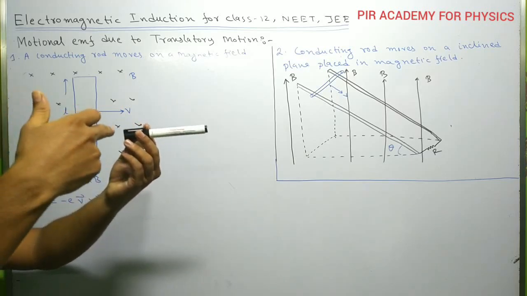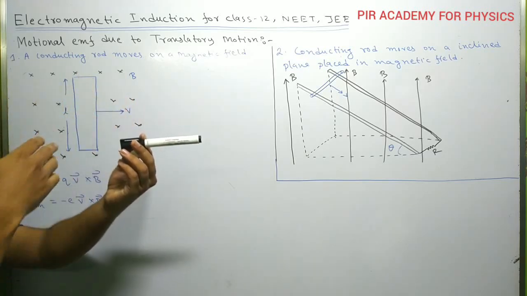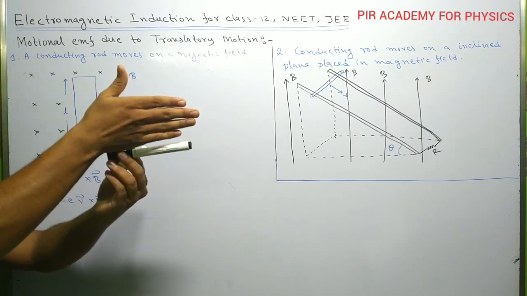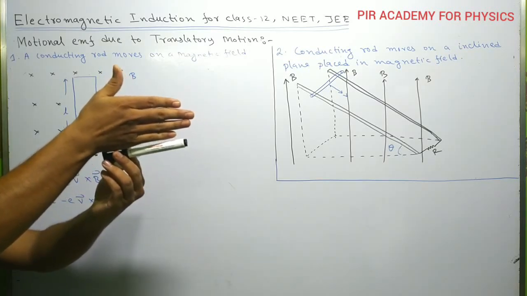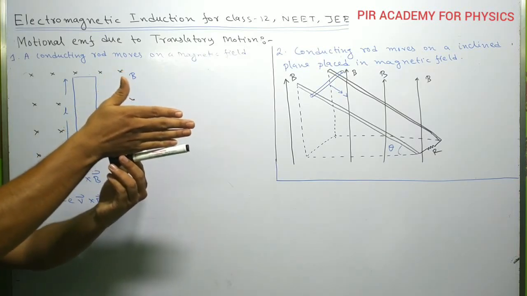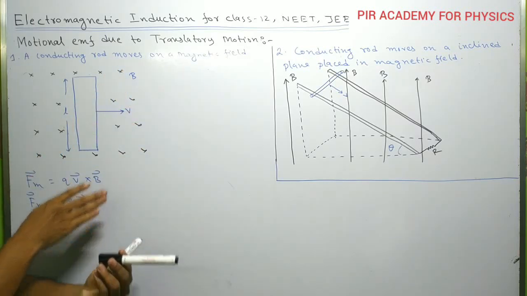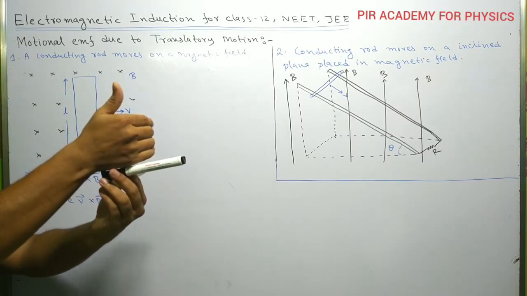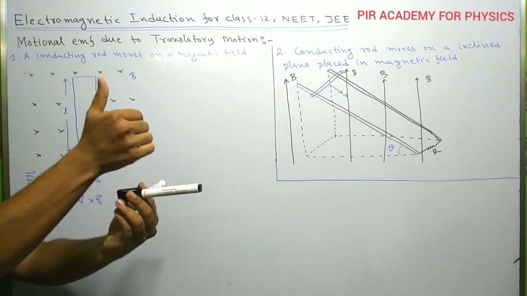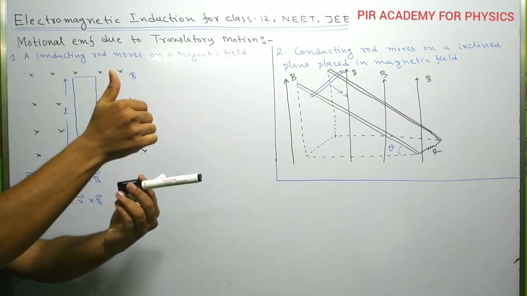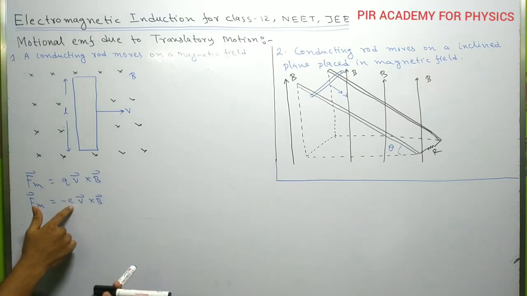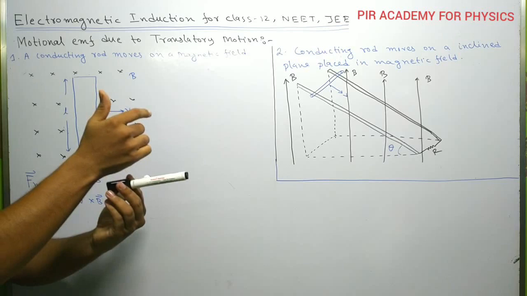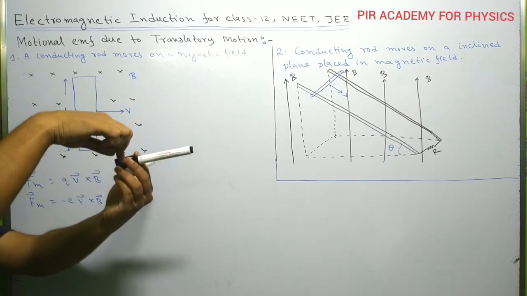I place my right hand with the four fingers straight toward the direction of v, and the fingers turn around to the magnetic field. Then the thumb gives the direction of force. But here you see that there is a negative sign. That means the electron experiences a force along this direction.